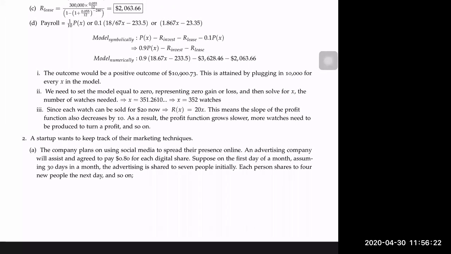Number 2, I'll read it out loud. It says, a startup wants to keep track of their marketing techniques. And I go, cool. First bullet, part A, the company plans on using social media to spread their presence online. An advertising company will assist and agree to pay 80 cents for each digital share. Suppose on the first day of a month, assuming 30 days in a month, the advertising is shared to 7 people initially.